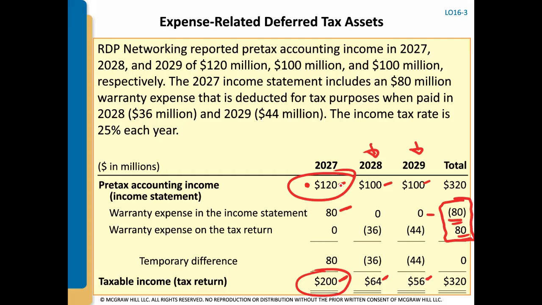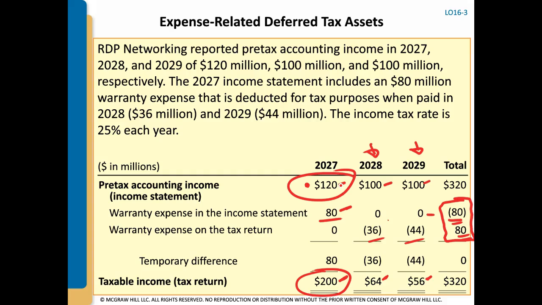It's just a matter of different timing, right? 2027 for books versus 2028 and 2029 for tax purposes. So this results in a temporary item for which we will get a future deduction. When we add back this 80 million, we will get these future deductions in the next 2 years.